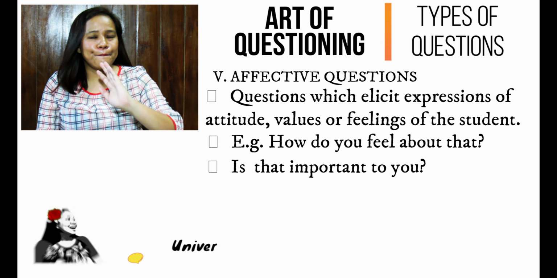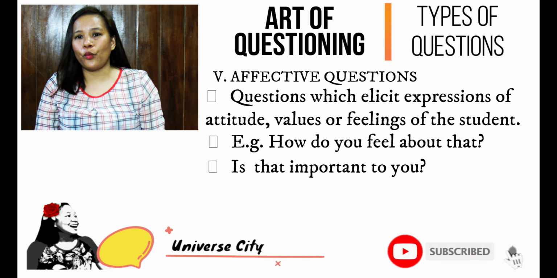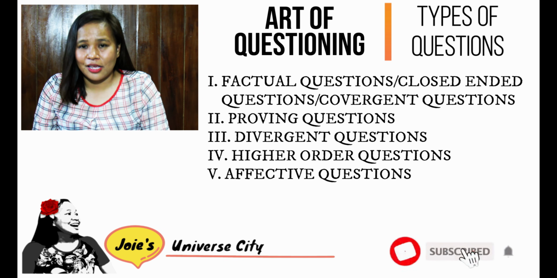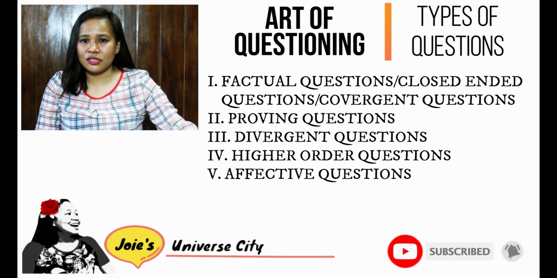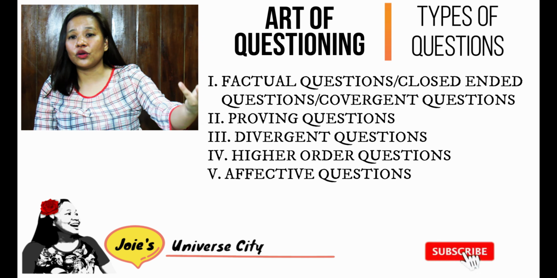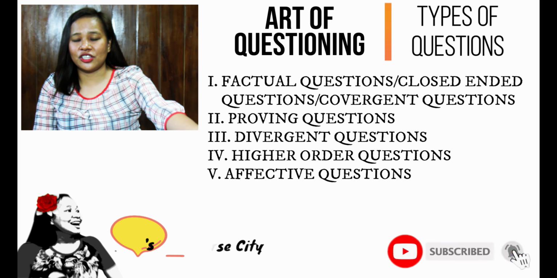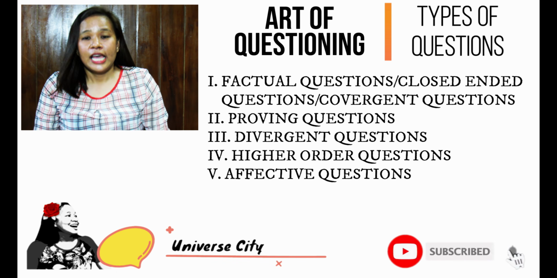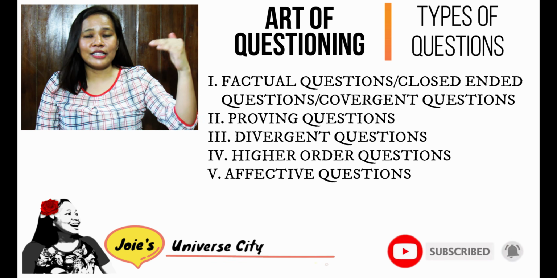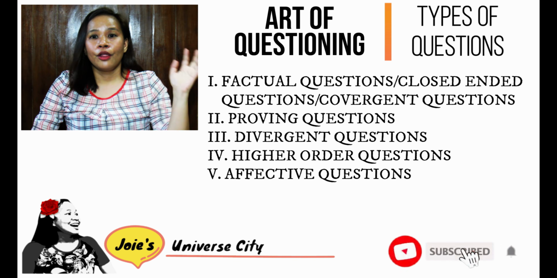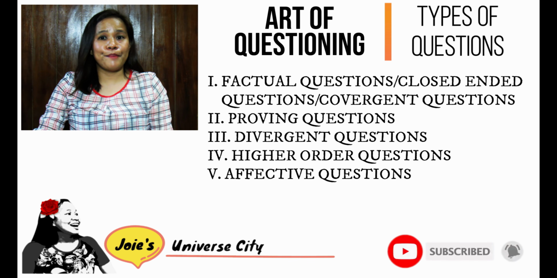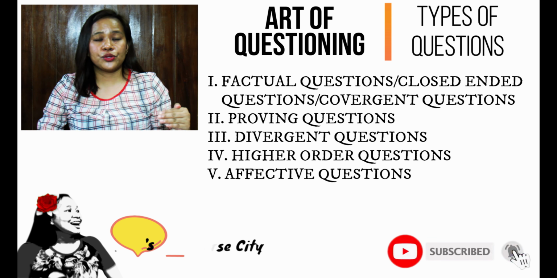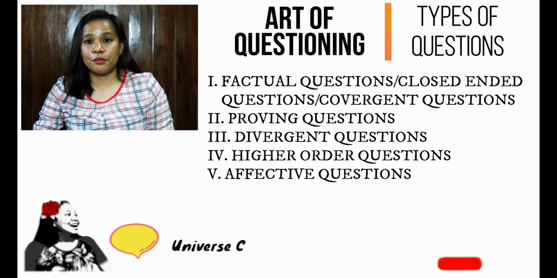And the best question you can ask in your class would be the combination of all these questions. You ask low-level questions, and then you ask divergent questions, you ask probing questions, until such time that you'd be asking affective questions. If you take a look at the kinds of questions I presented, they are arranged from the least important to the most important.